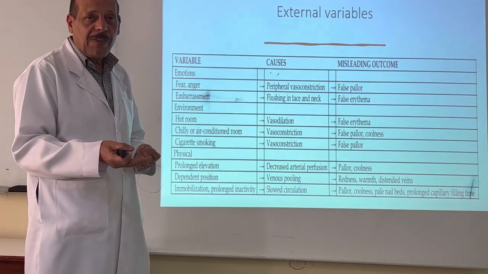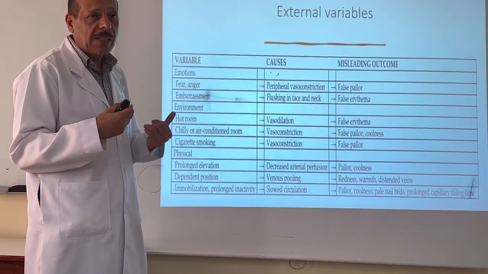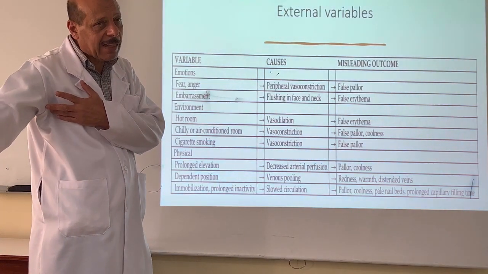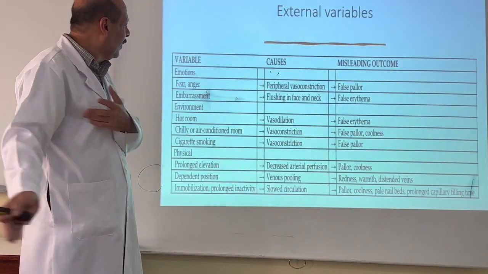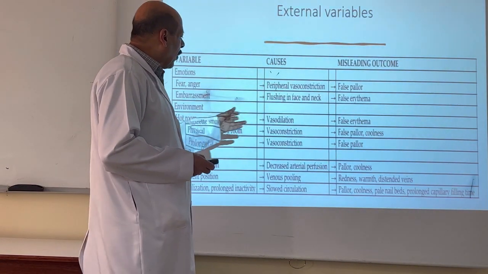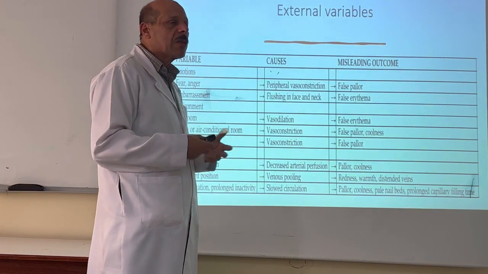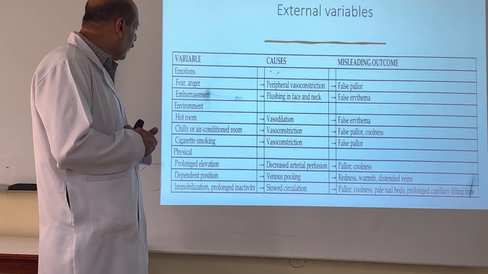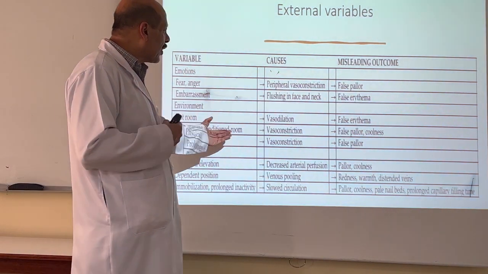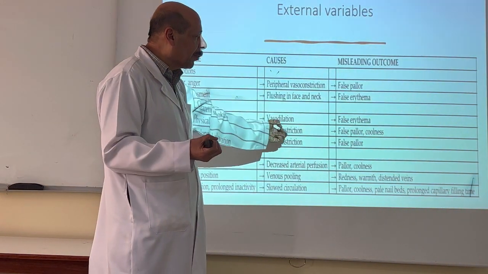Environmental factors also will give a flushed face. We might think that the patient is having fever. Or a hot room will lead to vasodilation, and this will lead to false erythema. A chilly or air-conditioned room, vasoconstriction will result.